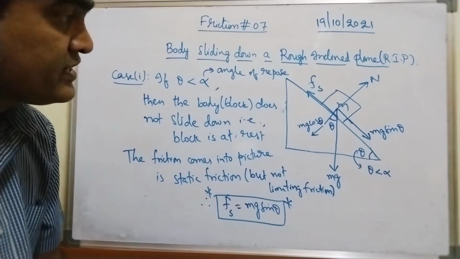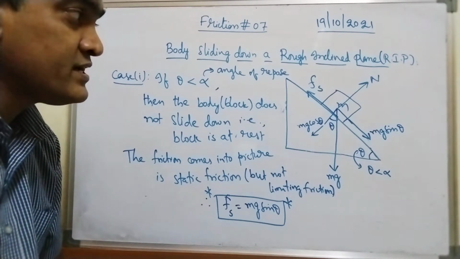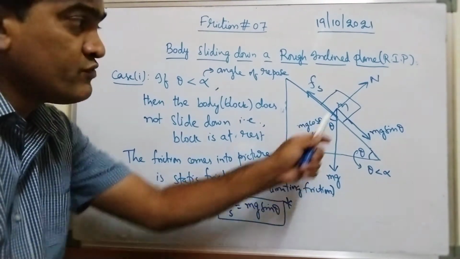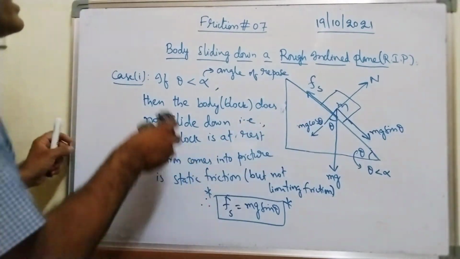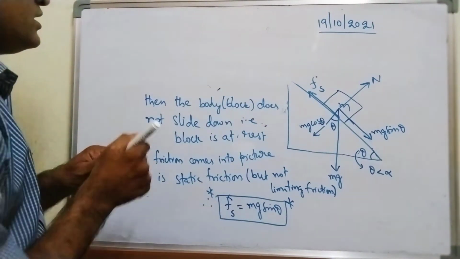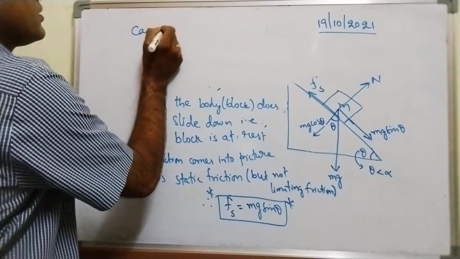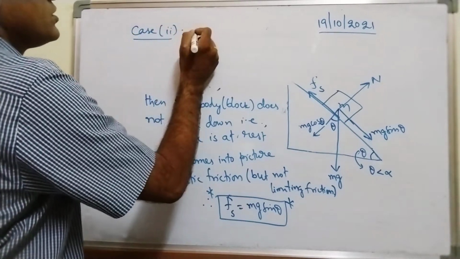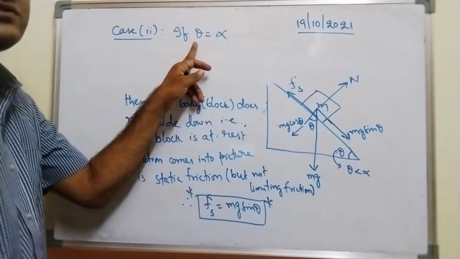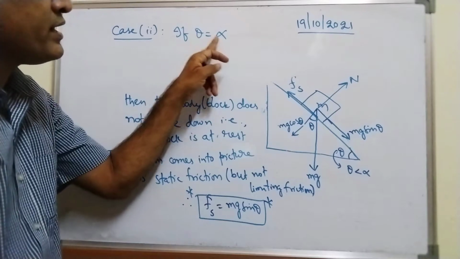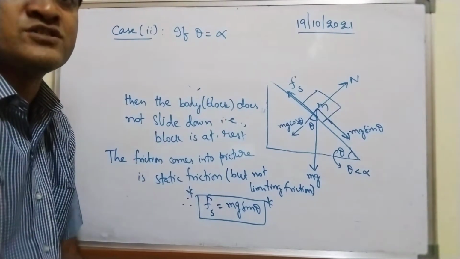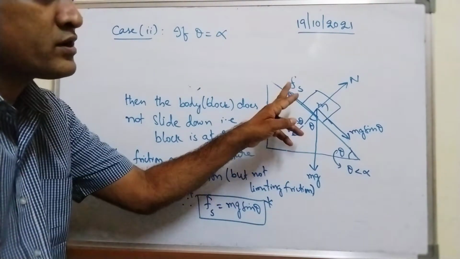Let's say if theta is equal to alpha, that means the block is about to slide down the plane. So which frictional force will come into picture? Case 2. If theta is equal to alpha, that is, the angle you made is equal to the angle of repose, which is nothing but the maximum angle of inclination, at that time the block is about to slide down.